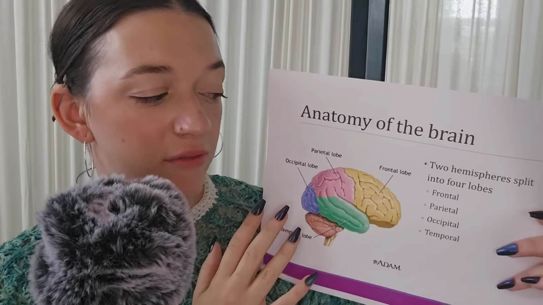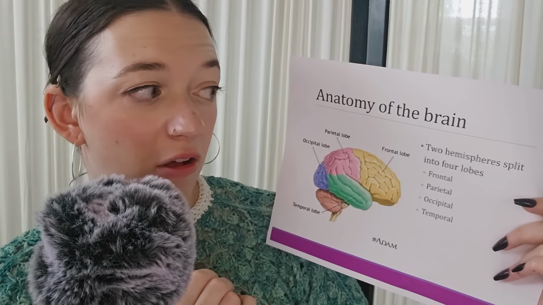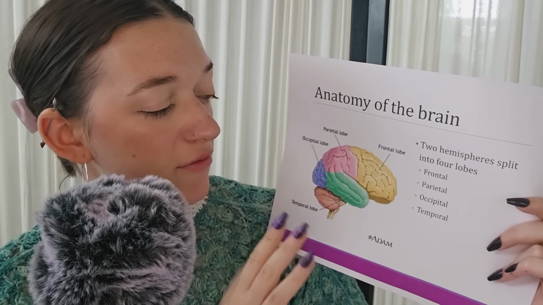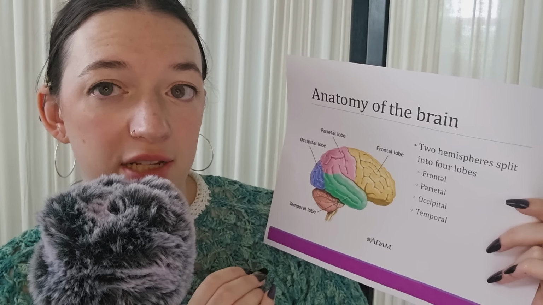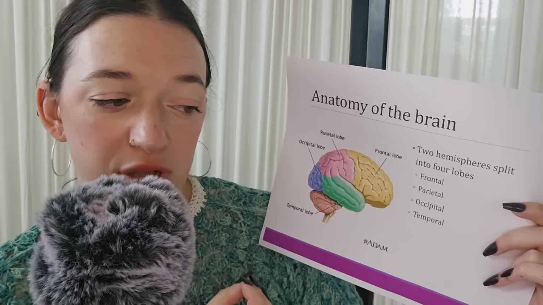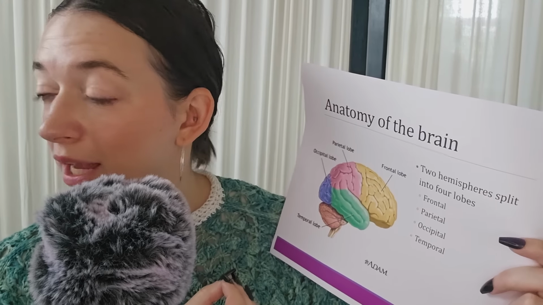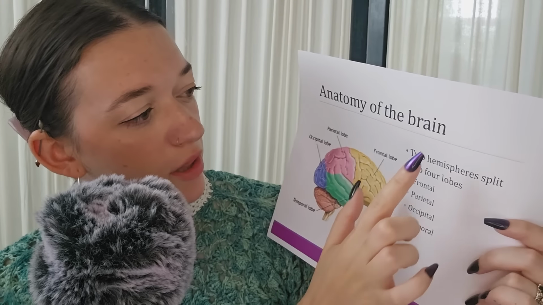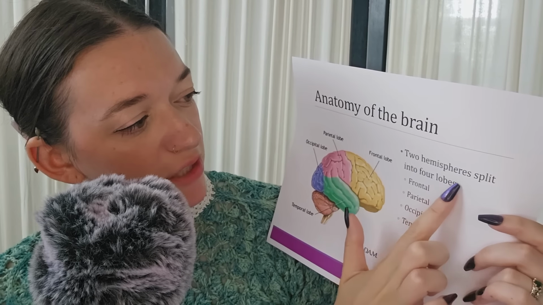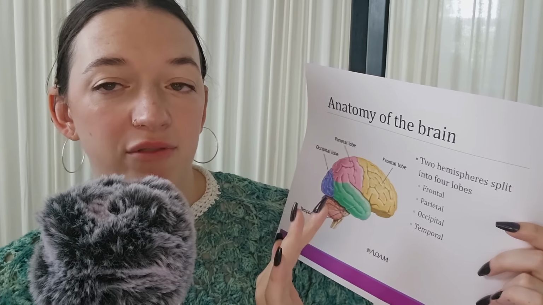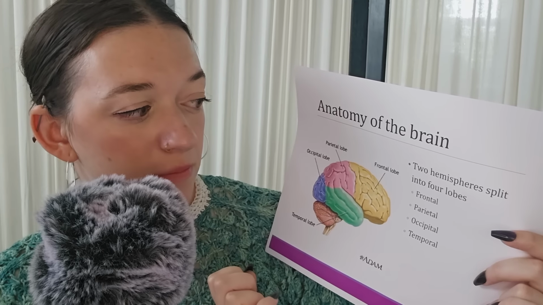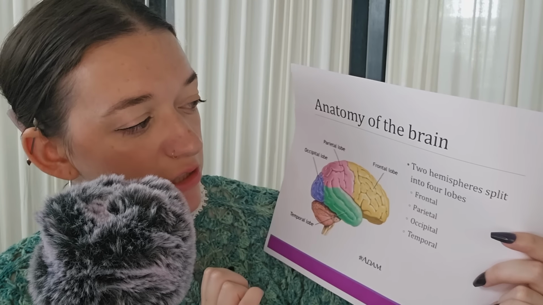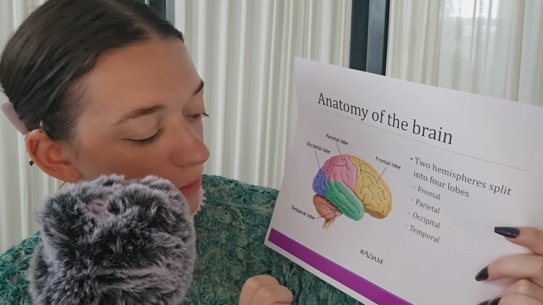Let's talk briefly about the anatomy of the brain. There are different parts of the brain, and each of them contribute to language production in different ways. So, the brain is made of two hemispheres, the left and right hemisphere, and these hemispheres are split into 4 lobes.